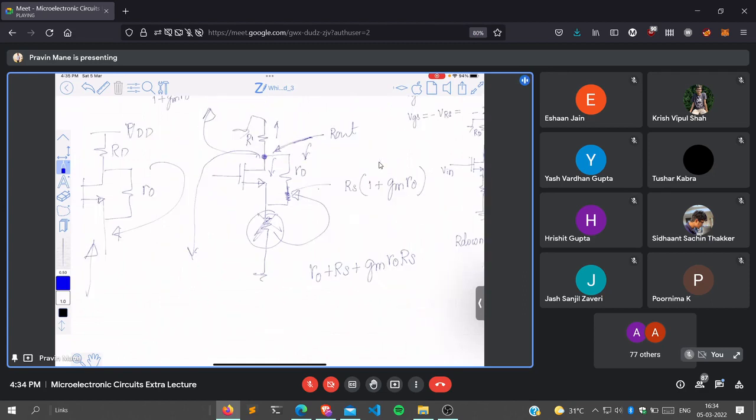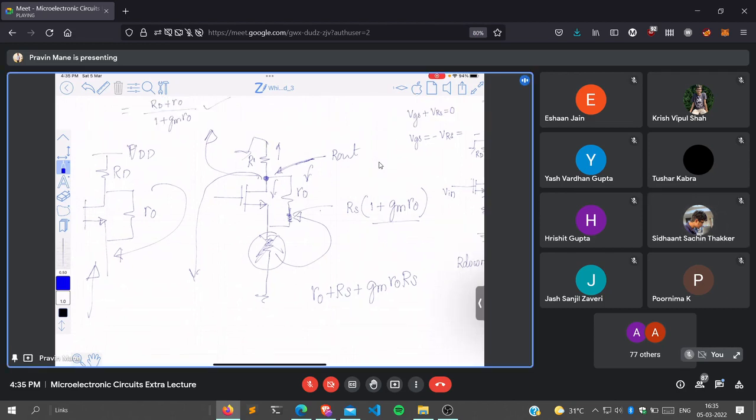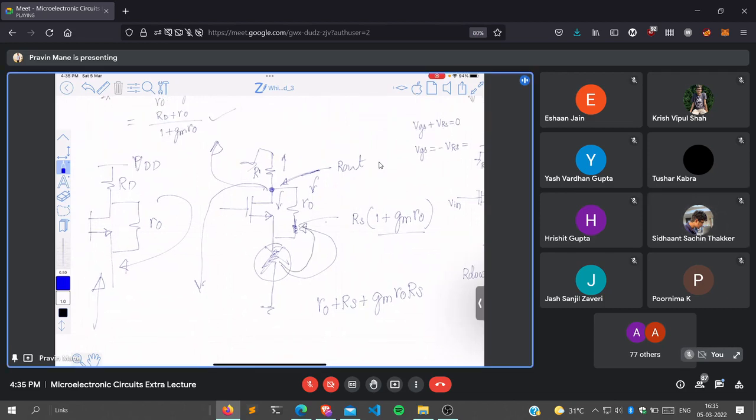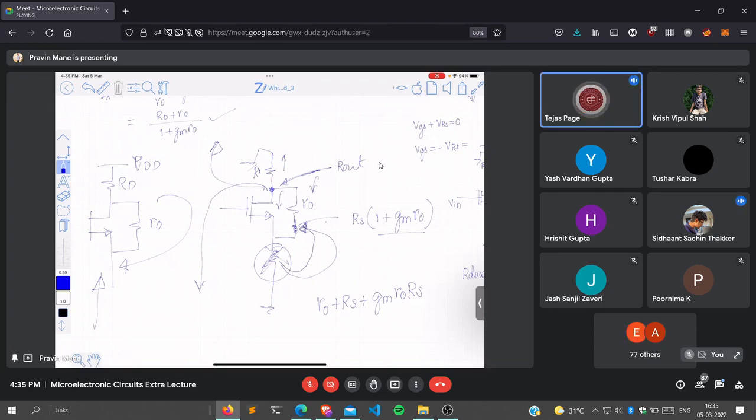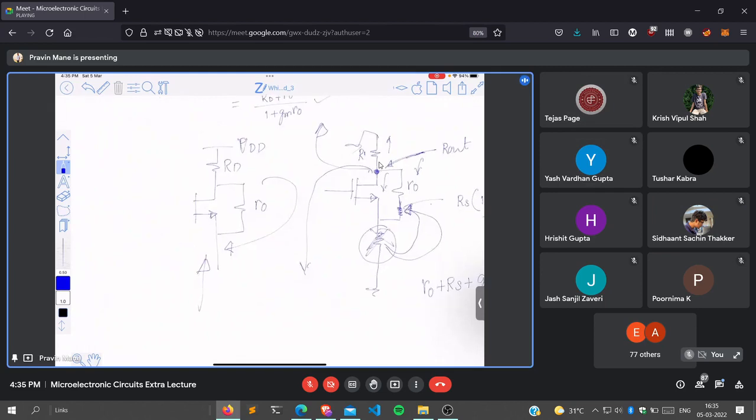In the previous case, what we have done, we multiplied by which factor? What I said, when I transferred RS in series with RO, by what factor did I multiply? 1 plus gm RO. Here I will do exactly the opposite.